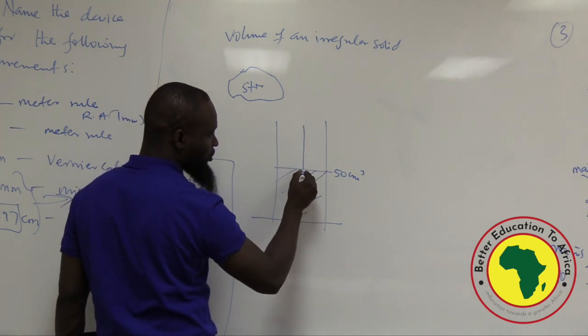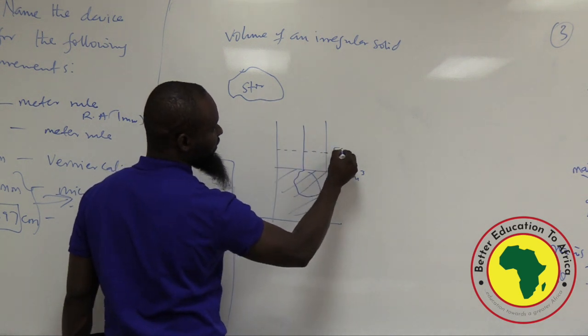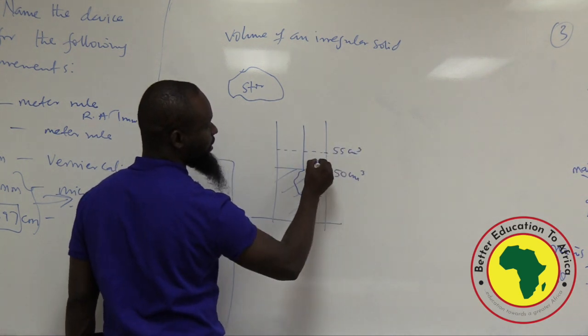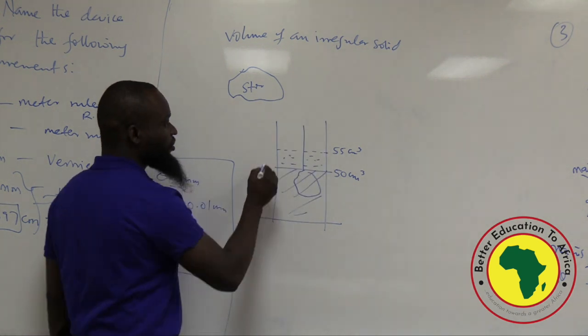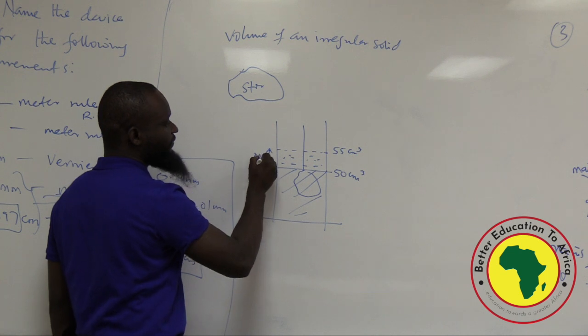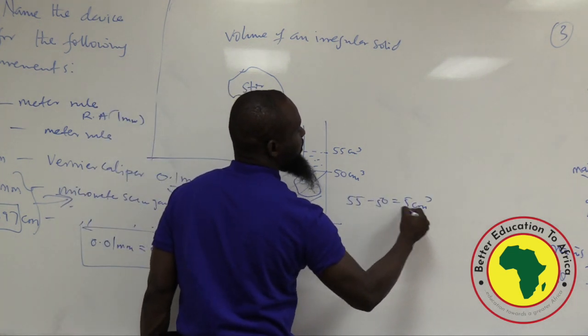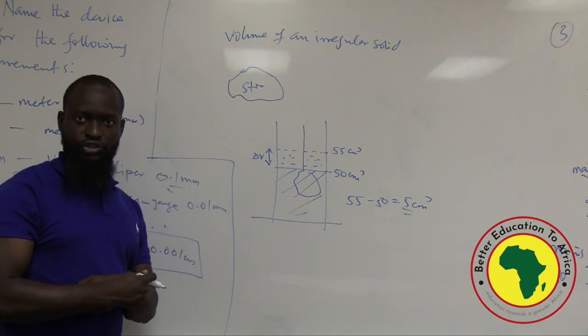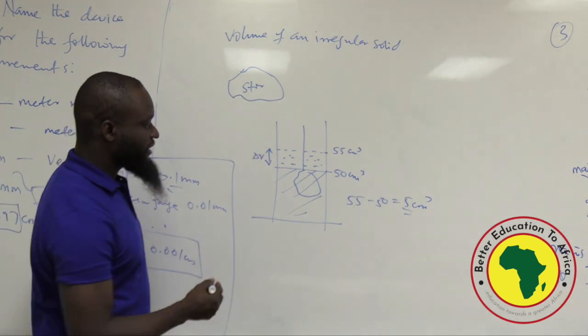I insert the stone inside, and the water rises to, say, 55 cm³. The difference, ΔV, is 55 minus 50, which is 5 cm³, and this becomes the volume of the stone. So that is one way of finding the volume, using a calibrated measuring cylinder.